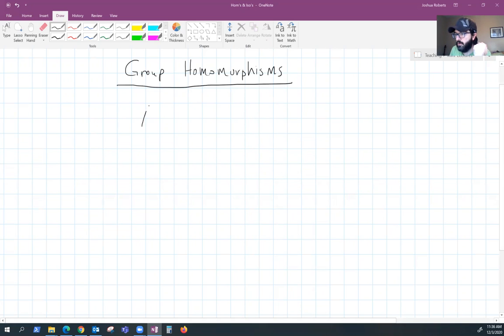Think about if I have two sets, A and B, and I have a function between them, F. Now we know what a function is. A function is a rule that takes an element of A and assigns a unique element in B. And that's what a function does. This is when we're just dealing with sets.